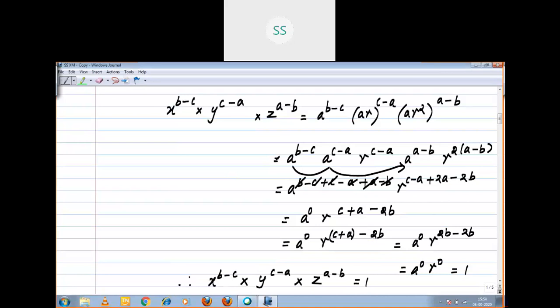Already we proved the result, C plus A equals 2B, that you are using here. See, I will show you where it is.